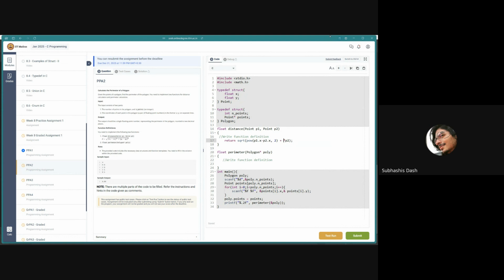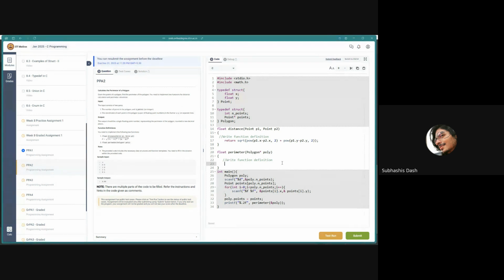Then the same thing over here: pow of p1 dot y minus p2 dot y, comma 2. After this, we need a square root. So this will return the distance of any two given points.